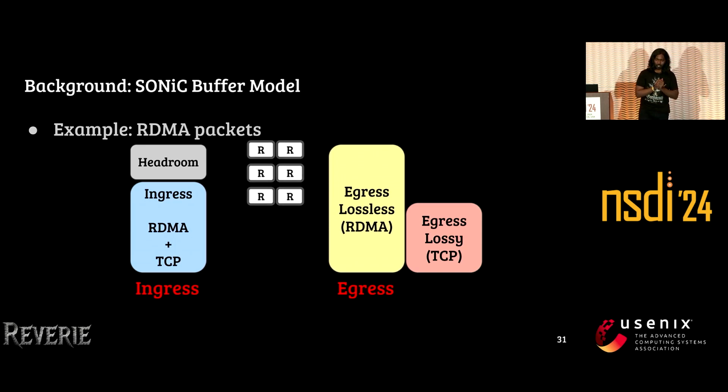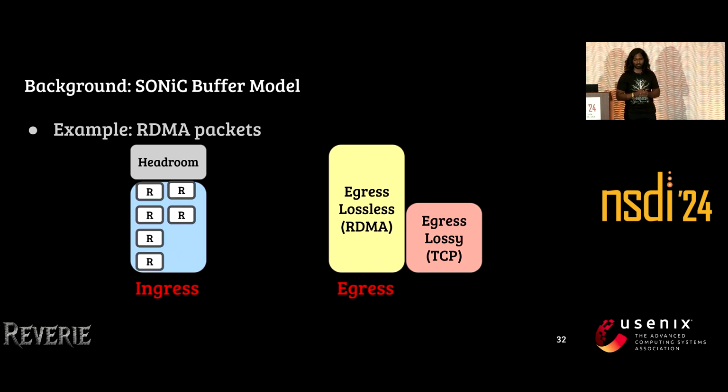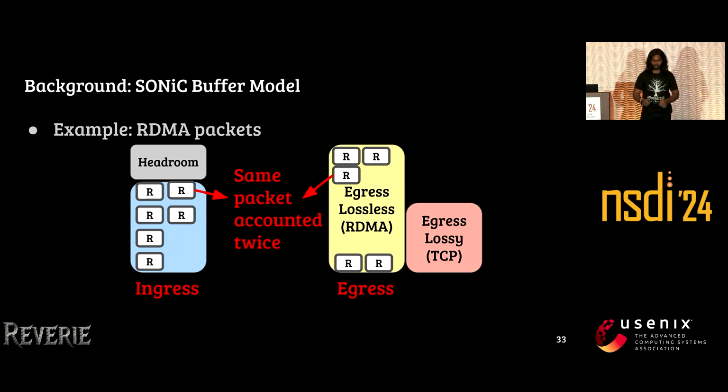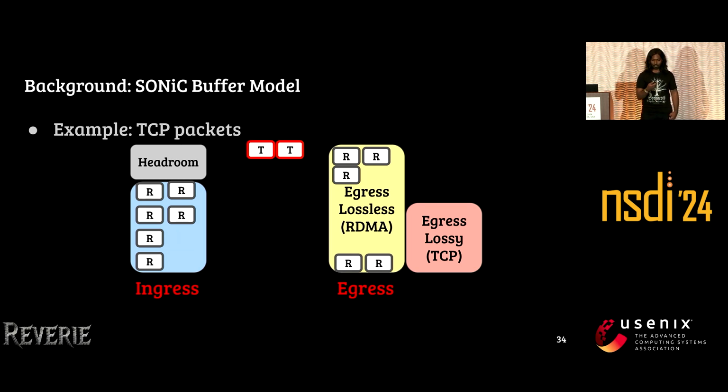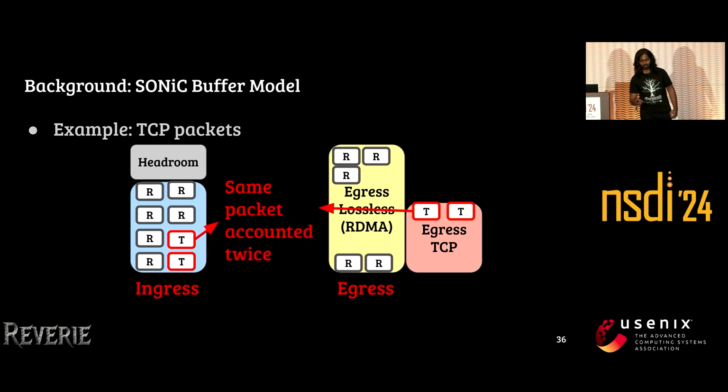Let's see how RDMA packets are accounted in this architecture first. Packets are coming in. They occupy space in the ingress shared pool as well as in the egress shared pool. The packet is accounted twice. The same goes with TCP packets. Packets come in, they occupy the shared pool with RDMA in the ingress. They occupy their own dedicated pool in the egress.